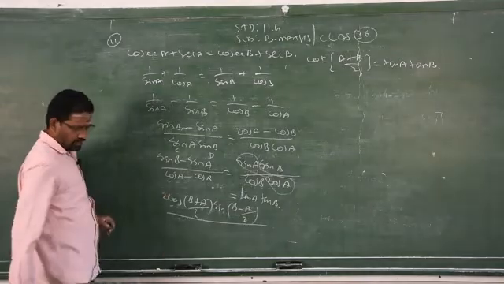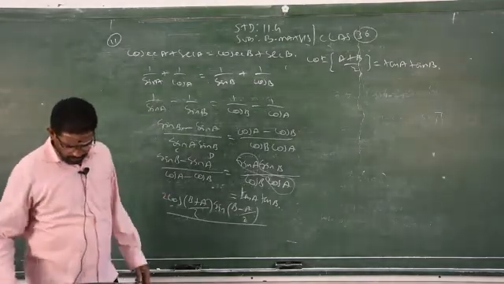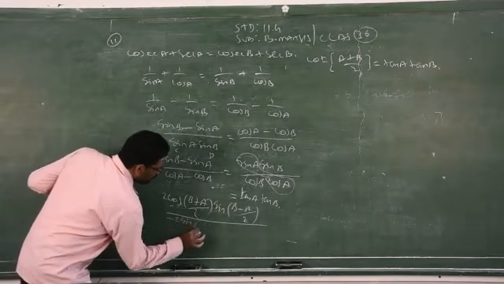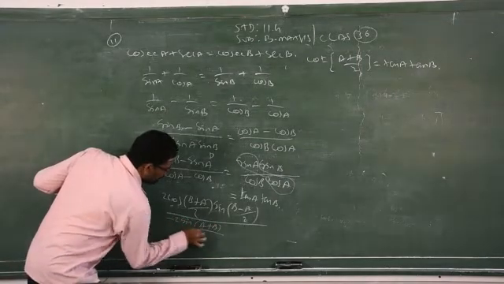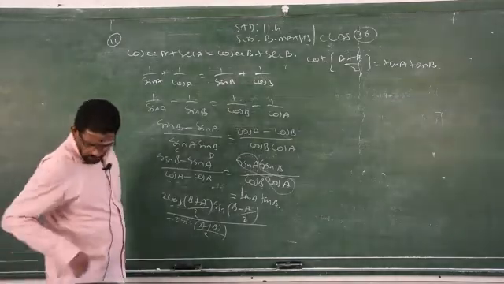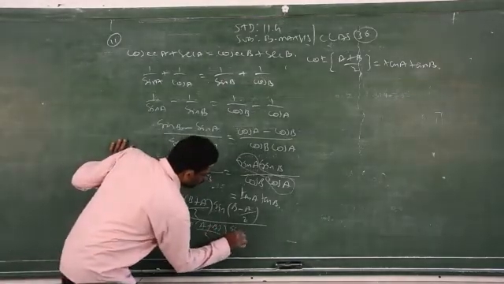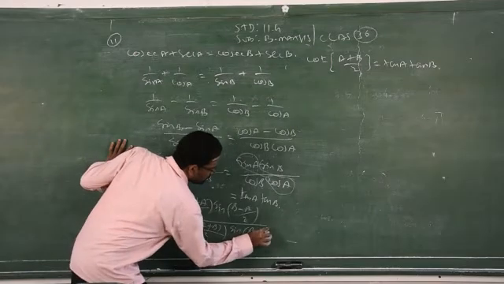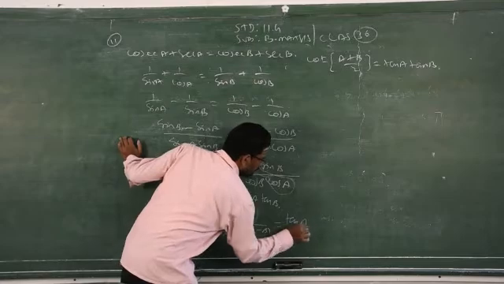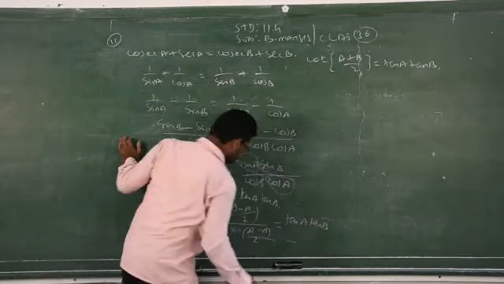Cos A minus cos B: what is the formula for cos A minus cos B? Minus 2 sin of A plus B by 2 into sin of A minus B by 2, divided by sin A minus B by 2, is equal to, as we proved already, tan A tan B.